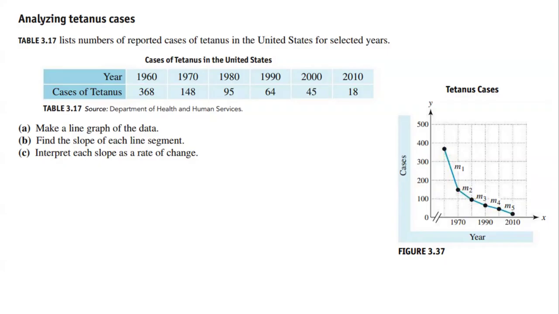This would be your X coordinate and this would be your Y coordinate, so it would be like 1960 and 368.